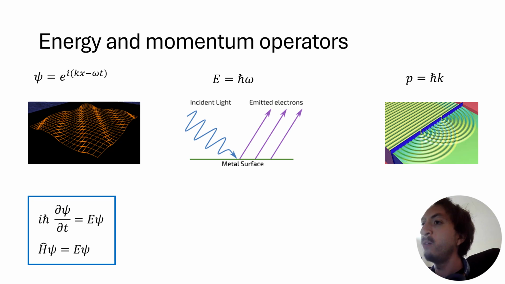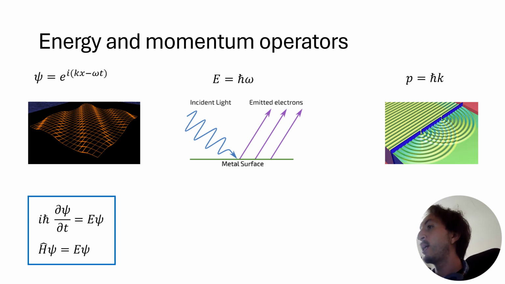And if you want to quantize energy and momentum, we need operators for these. When we are talking about operators, we're talking about getting an eigenvalue equation. If we define the energy operator to be the Hamiltonian, and we say the Hamiltonian is i h bar multiplied by the partial derivative with respect to time, then when we operate the Hamiltonian on our plane wave, we will get out the energy of our plane wave.